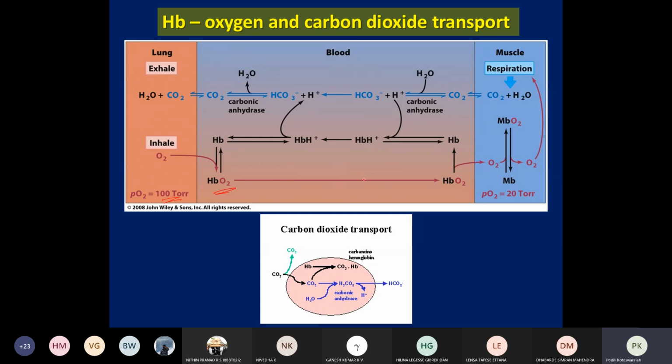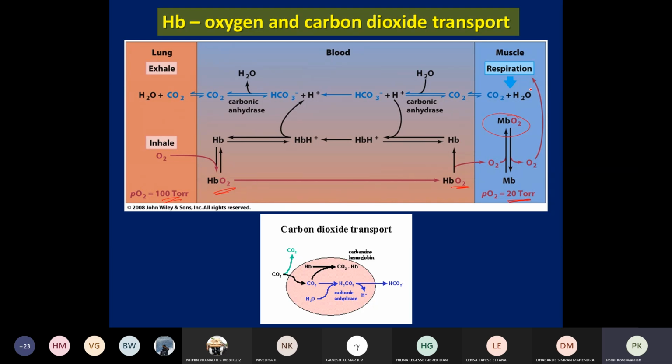This oxyhemoglobin goes to the tissues and releases its oxygen, where the partial pressure of oxygen is only 20 torr, and this released oxygen is taken up by the myoglobin in the muscle and stored in the form of oxymyoglobin.